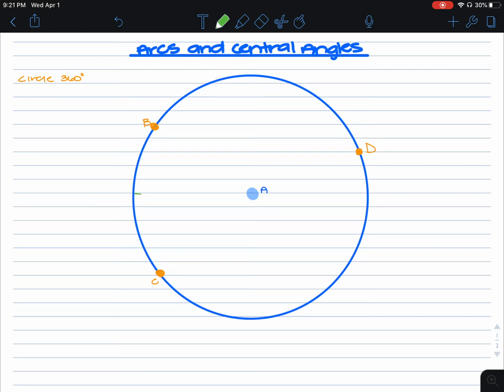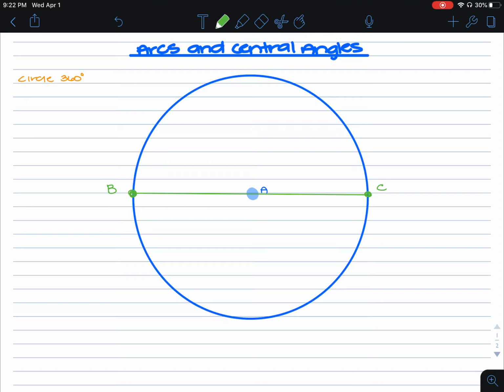So that is always with a diameter, which we know what a diameter is. It goes from one end of my circle to the other end and has to go through my center. So here I have my diameter in the green. Let's call this part B. Let's call this part C.